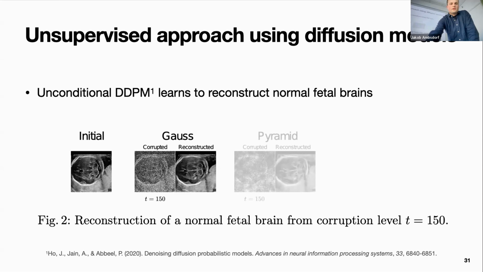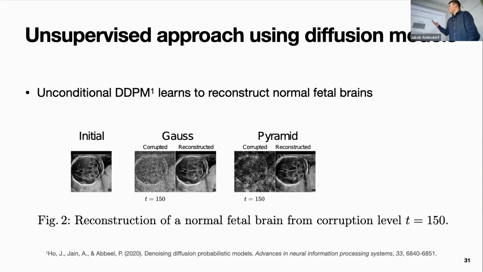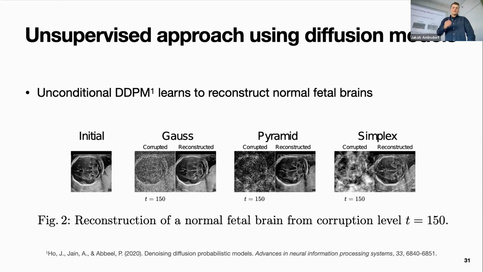You can use different types of noise. Usually you use Gaussian noise, but in other anomaly detection applications, people have experimented with pyramid and simplex noises. The idea is that Gaussian noise gives you an equal uniform distribution on the frequencies that you change, while the images themselves are dominated by low frequencies.